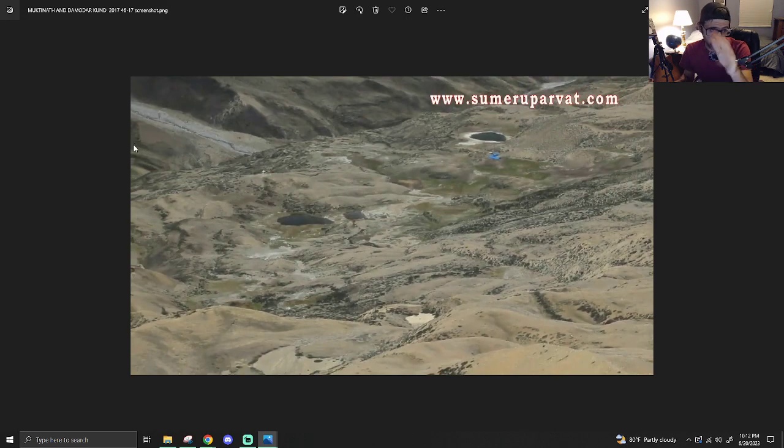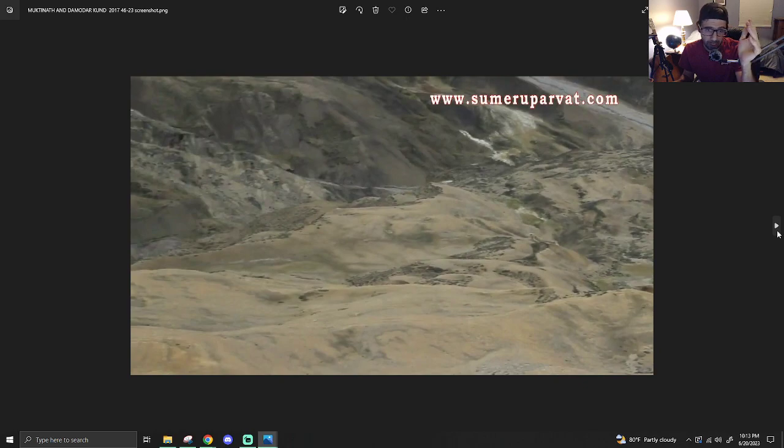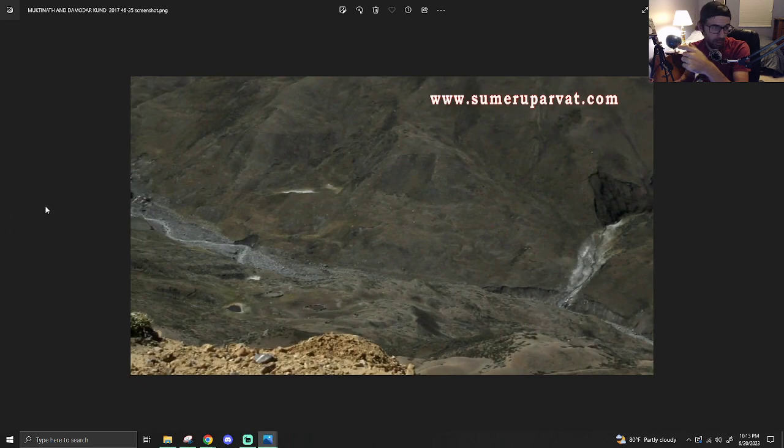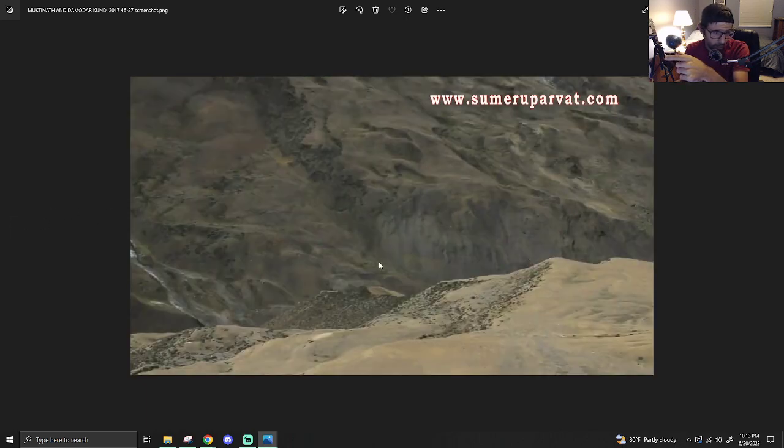And then we're going to go left, and then again, or I guess this way, left, and then left. And there's that lake. Also, there's a shaligram feature right there. Is that where that one is that I saw like this before?